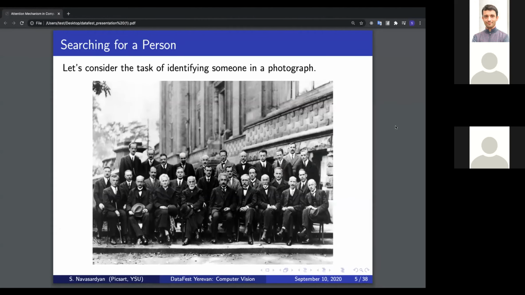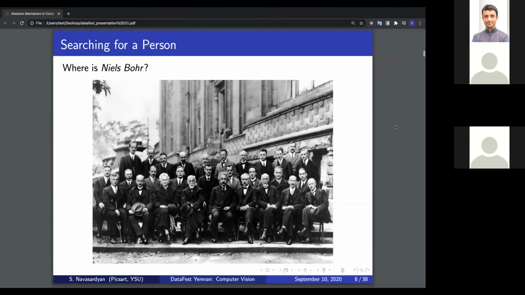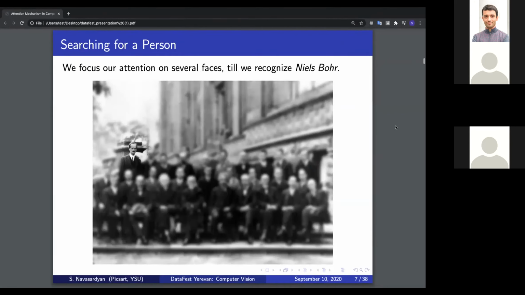Let us consider the task of identifying someone in a photograph, for example this famous photograph of the 1927 conference, where many scientists of the 20th century were gathered together. And we want to identify Niels Bohr here. How does our brain work? It searches over people, focusing on each of them or on some of them, until we recognize the person we want to identify.